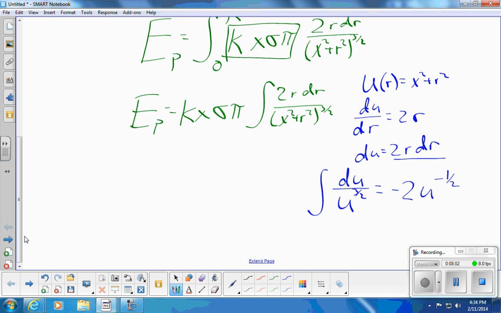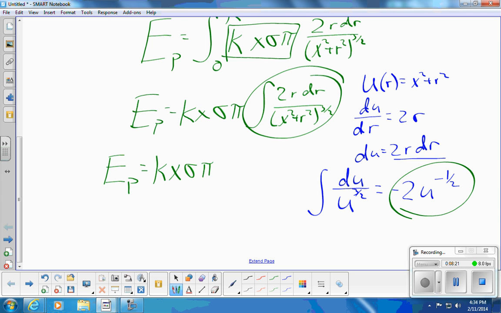And so now I can come back here and say in green that the electric field at point P is kx sigma pi times the integral of this stuff is this, and that becomes negative 2u, which is x squared plus r squared to the negative 1 half, and now I'll put in my limits of 0 to big fat R.